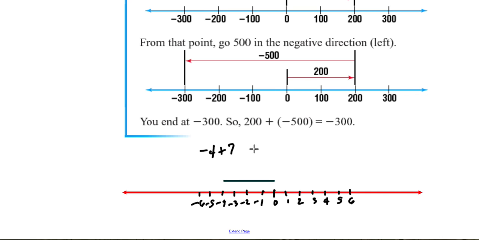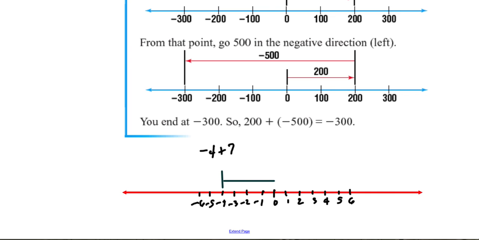That's where we're at right now. Let's make a line right there, 0 to negative 4, and then from negative 4 we go to the right 7 spaces. So that's 1, 2, 3, 4, 5, 6, 7.